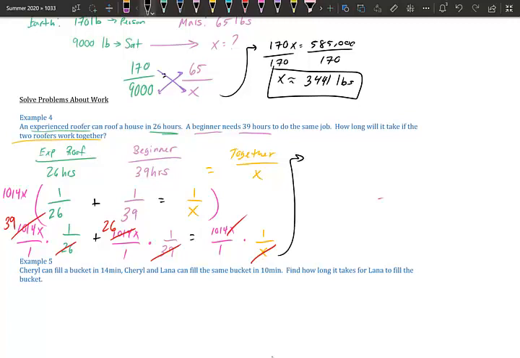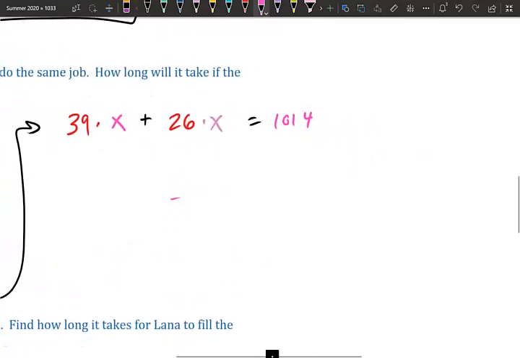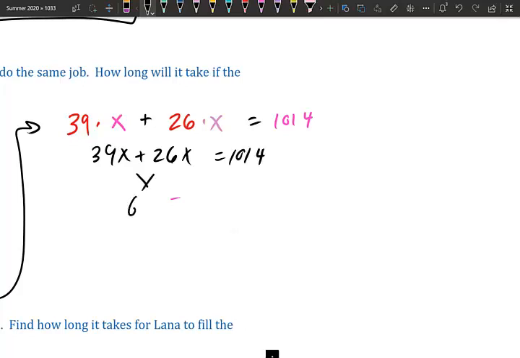So what we have left over, we have 39 times x plus 26x equals 1014. So let's combine like terms. So 39x plus 26x equals 1014. Combine like terms, we get 65x equals 1014.